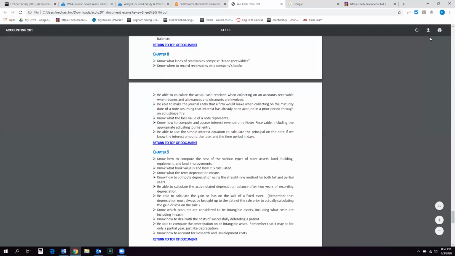Be able to calculate the actual cash received when collecting on an accounts receivable when returns and allowances and discounts are involved. If you remember these from the homework, this is where you sell something to somebody and then they owe you, and then they return a portion of it, or you give them an allowance for it, and so that reduces the amount they owe you. Then they pay within the discount period, so you have to take a 3% discount off of that.